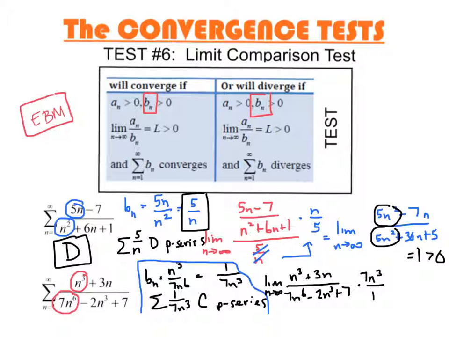If you multiplied it out, you'd have 7n to the 6th when you multiply those two together, and you've got this 7n to the 6th on the bottom. So the limit is going to be 1, which is greater than 0. Remember, as long as we get a limit greater than 0, we have agreement between our end behavior model and our original series. Our end behavior model series converged, so this series must also converge by the limit comparison test. Let's do a couple more.